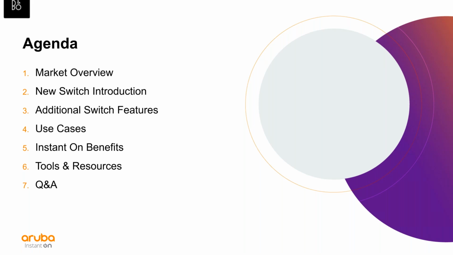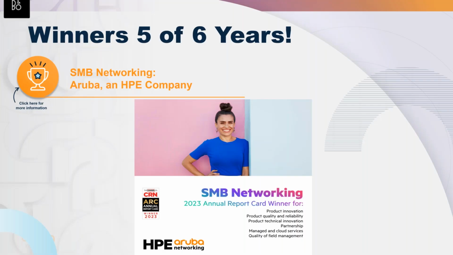And then I'll talk about some of the additional switch features that this particular model has. We'll talk about some of the use cases and where it fits, and I think they'll be pretty obvious on some of those things. And then I'll cover some of the Instant On benefits just as a refresher for the entire switching and AP portfolio. And then we'll talk about a few tools and resources, and I'll answer some questions if you have them.